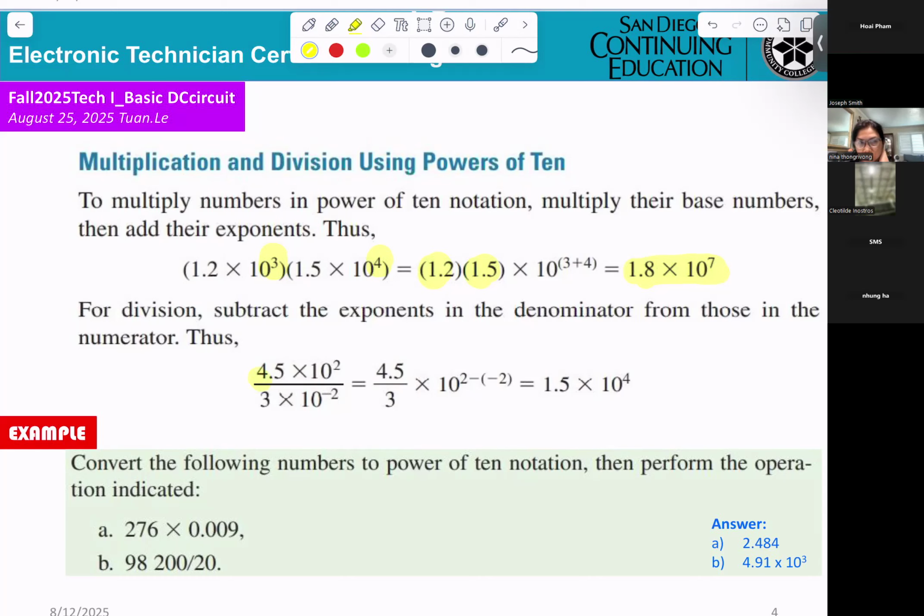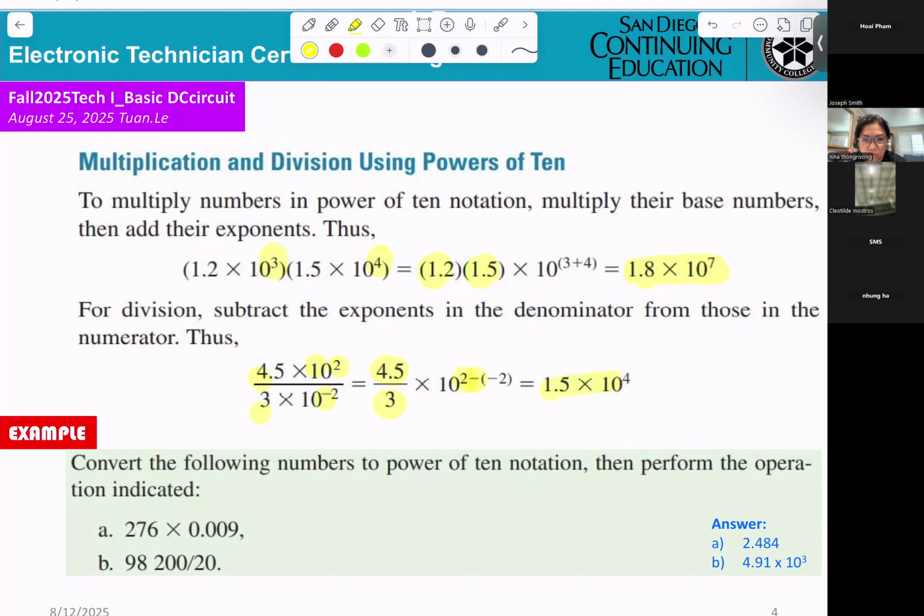Now division: 4.5 times 10 to the power of 2 divided by 3 times 10 to the power of minus 2. First thing, you take 4.5 divided by 3. And the power will be 10 to the power of 2 minus 10 to the power of minus 2.